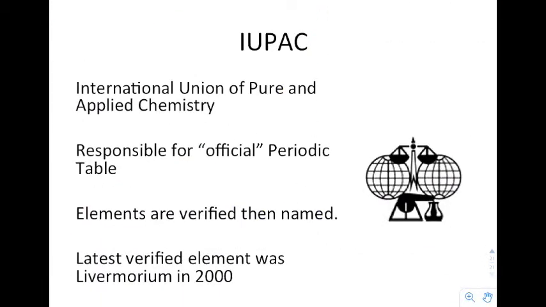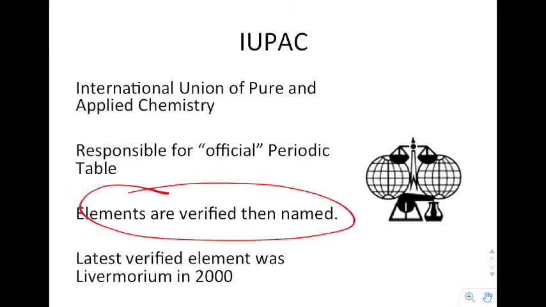Okay, the IUPAC is the International Union of Pure and Applied Chemistry, and they are responsible for the official periodic table. They are the ones who name elements and verify their existence. So if you believe you came up with a new element that has never been discovered, you would submit your information to the IUPAC and it would go through a process of peer review, where they would try to create the same element according to the method you described.